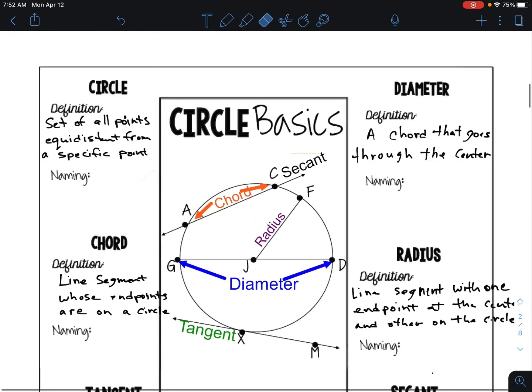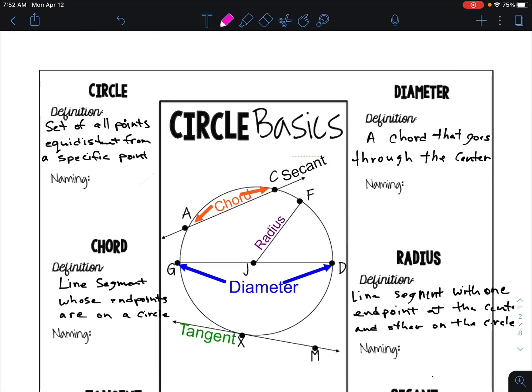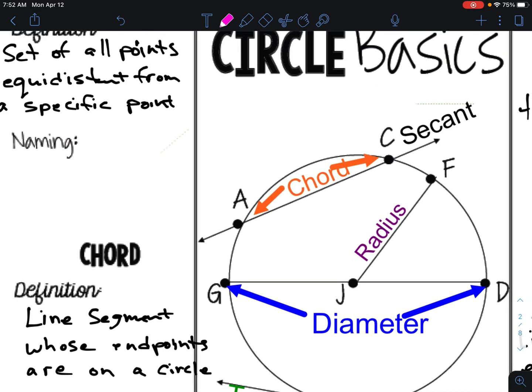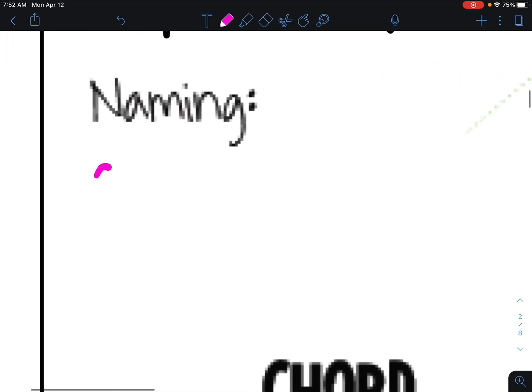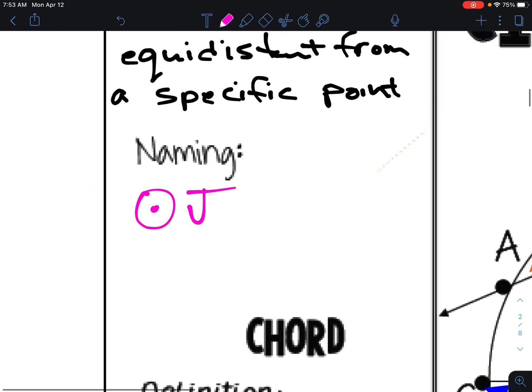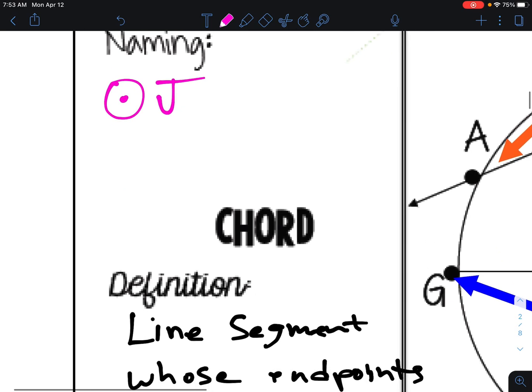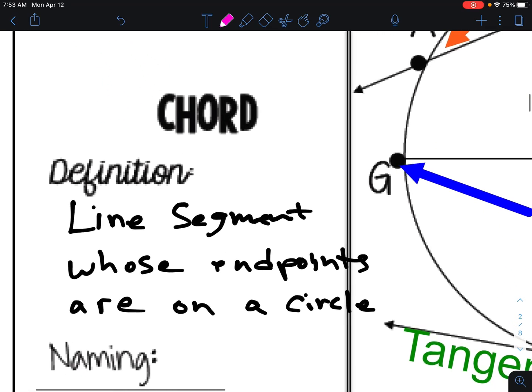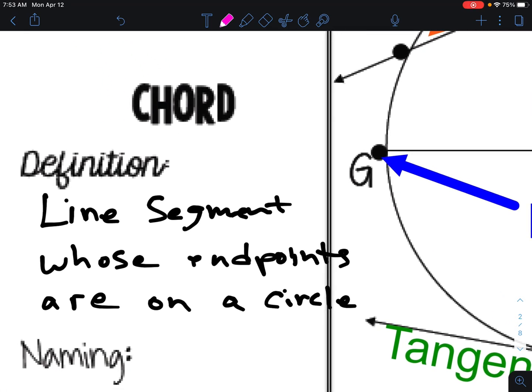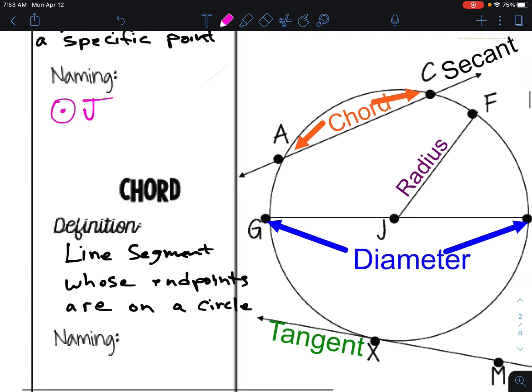To name a circle, we name it by the center. The center is J. So we can draw a little circle symbol, circle J. Okay? A chord, something that you play with on a guitar, right? The different chords that you play. Well, in geometry, a chord is a line segment whose endpoints are on a circle. So we got our chord.